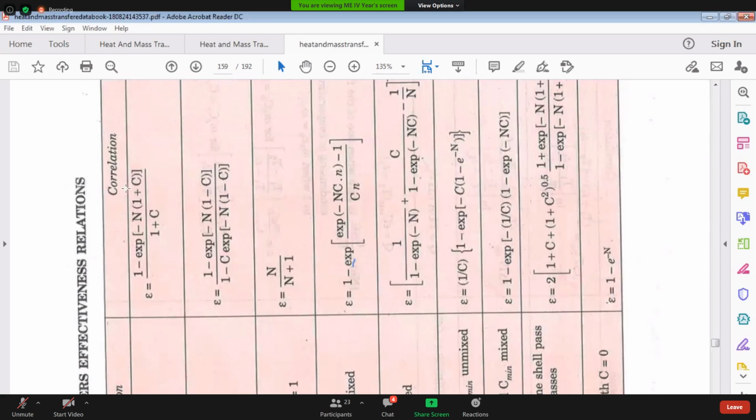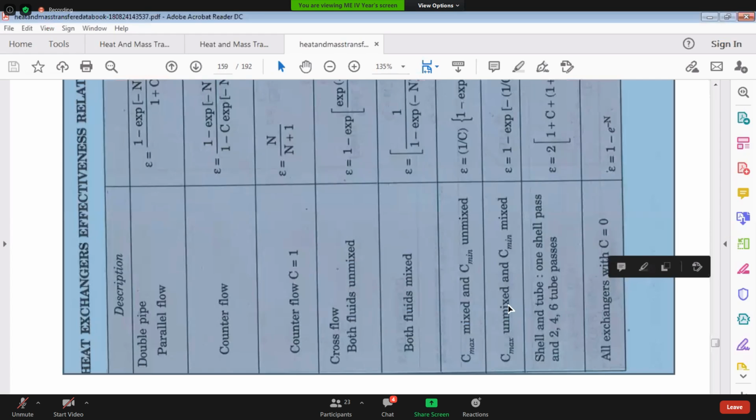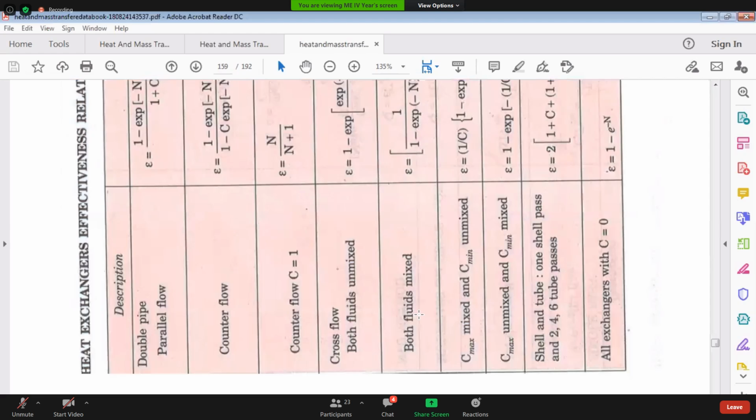Equations for counter flow heat exchanger and parallel flow heat exchanger effectiveness. If C is equal to 1, what is the condition also? For all the cases, maximum you'll be asking for parallel and counter flow directly. See, both the fluids are mixed. If the problem mentions you are unable to take it from the graph, directly you can use the formula.